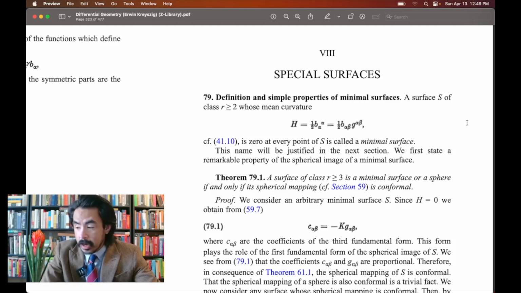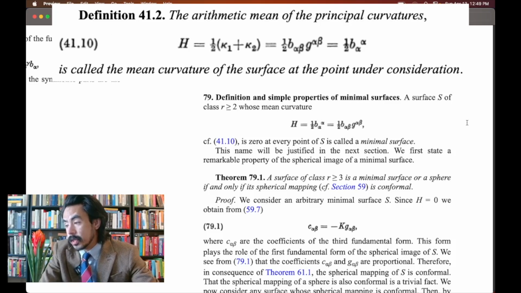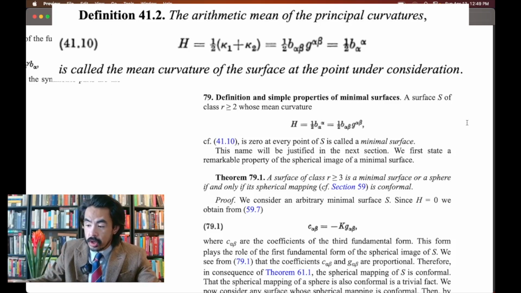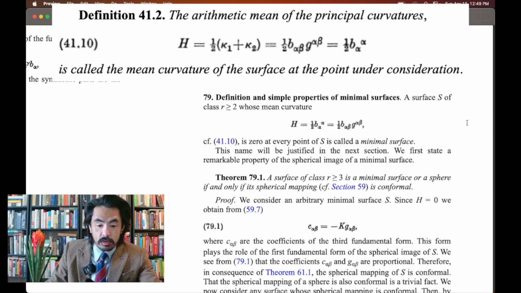And it says here, refer back to 41.10, which is actually really definition 41.2, which is just really the same exact statement as what's right there.